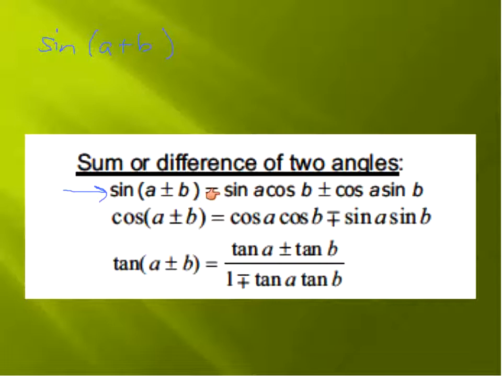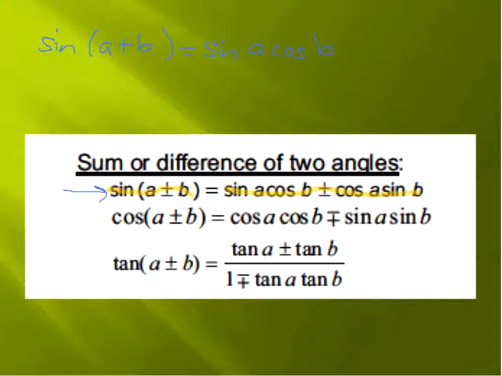So when I come across my right-hand side, I'm going to say sine A cosine B plus cosine A sine B. That's how we're supposed to be reading this. When it says to use the plus sign, that means we're going to be using the top version. That's why I'm clarifying today.